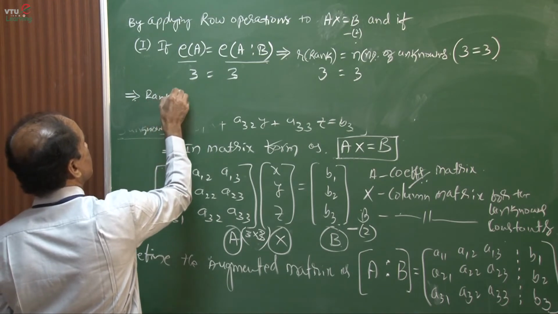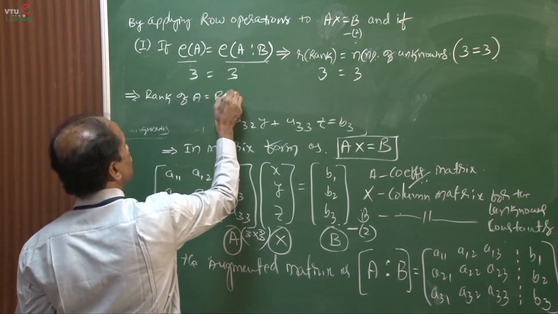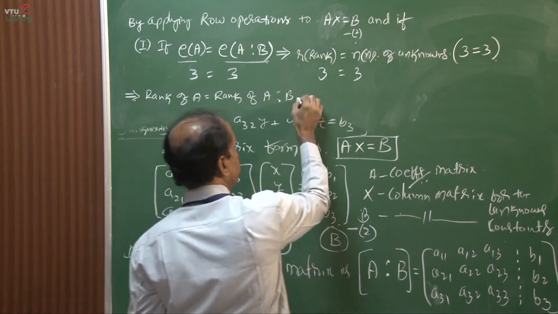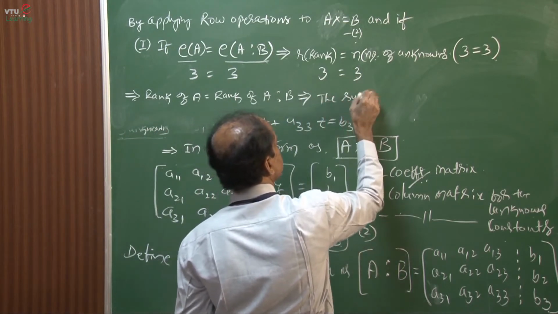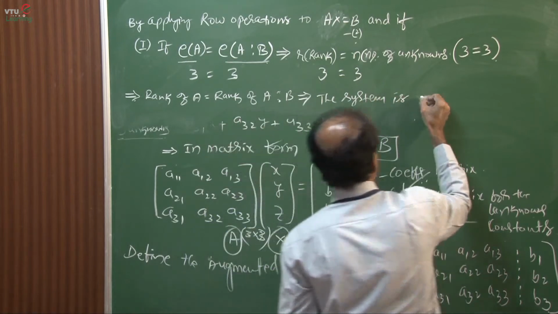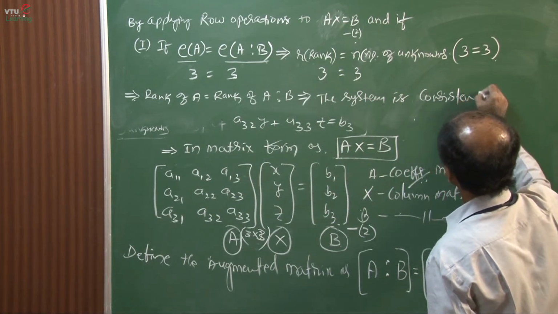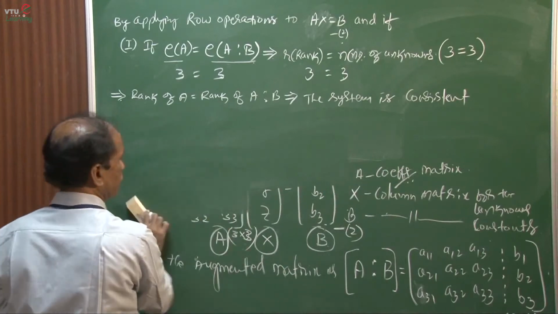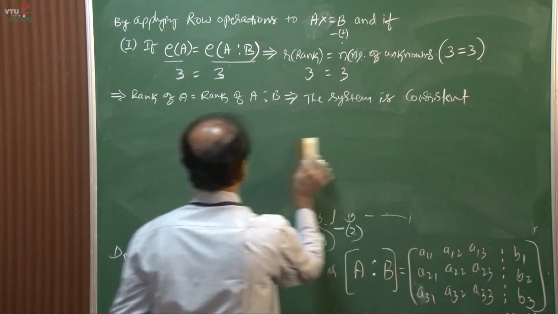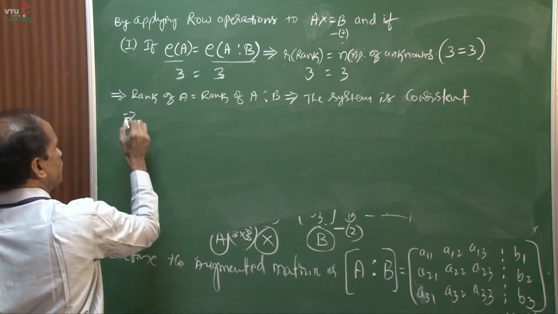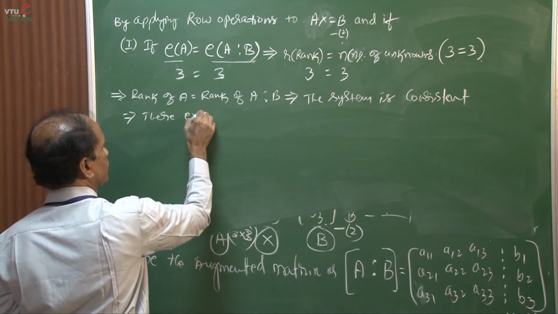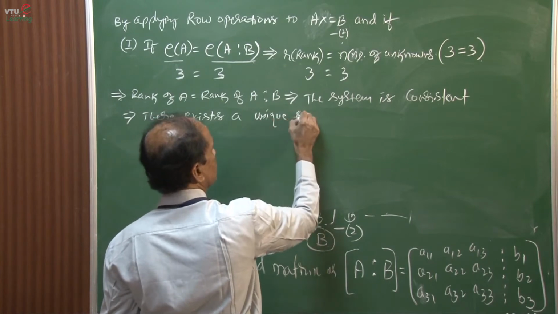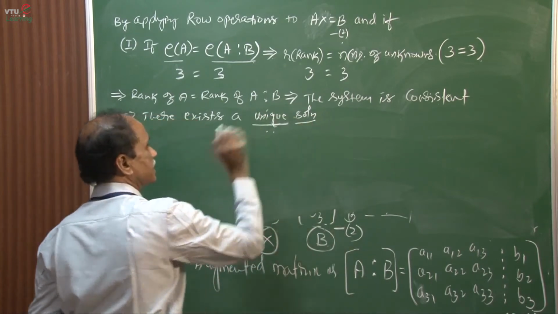Therefore, this implies rank of A is equal to rank of AB, which implies the system is consistent, which implies there exists a unique solution.